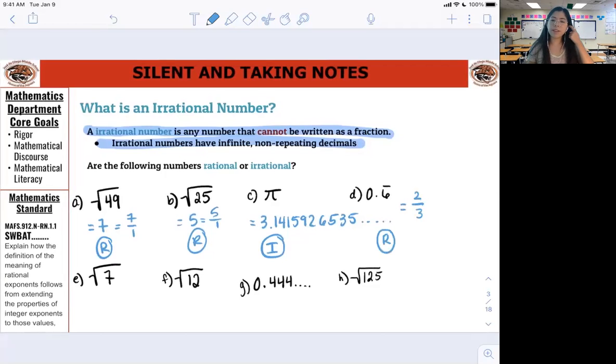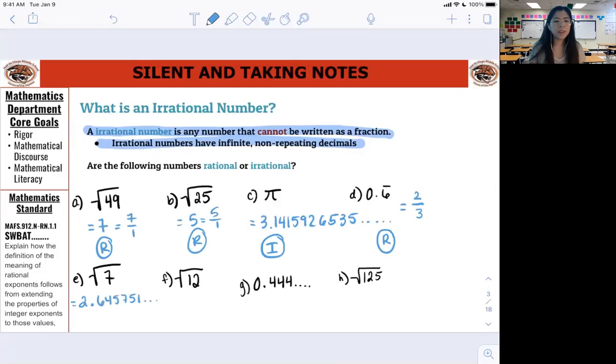Square root of 7. What's up with that one? It is irrational because you can't really take the square root of 7. And if you go on your calculator and try, what do you get? 2.6457513, blah, blah, blah.